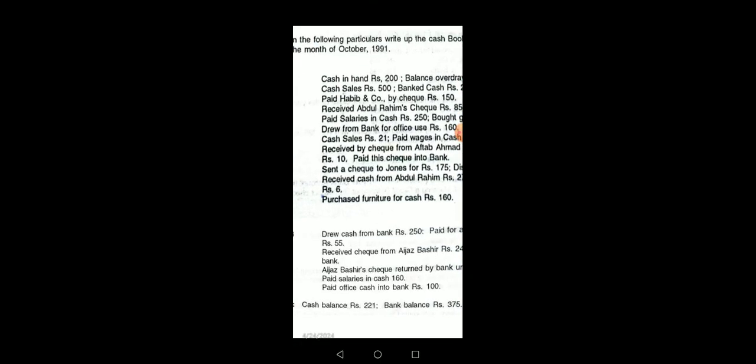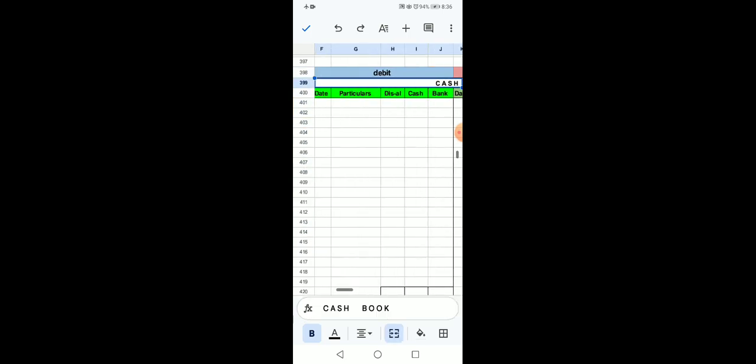Now you can see we have the journal over here, and there is the second part, that is cash book. Step number 1, we will take these transactions which are given by the organization or given in the question and convert them into a journal. This is your first part. And the second part is what? You will take this journal and convert it into cash book.